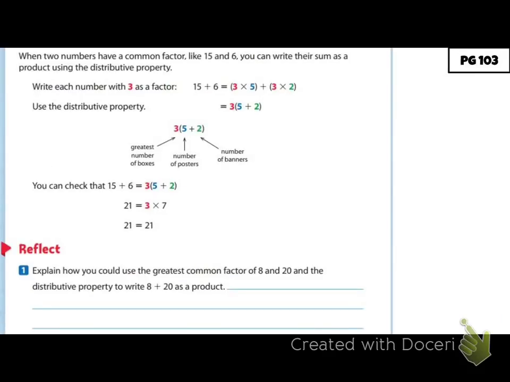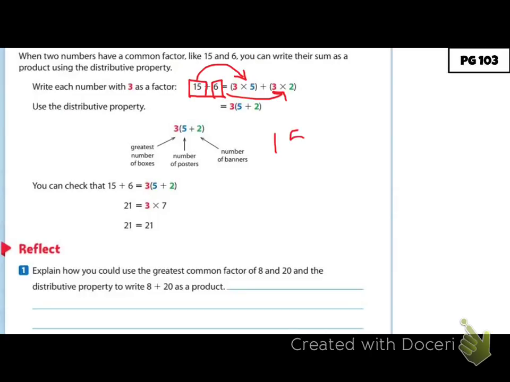When 2 numbers have a common factor, like 15 and 6, you can write their sum, remember sum is addition, as a product using the distributive property. So, write each number with a 3 as a factor. Basically we're taking the 15 plus 6, our 2 numbers, and we're going to write each one separately as a multiplication problem using the greatest common factor.